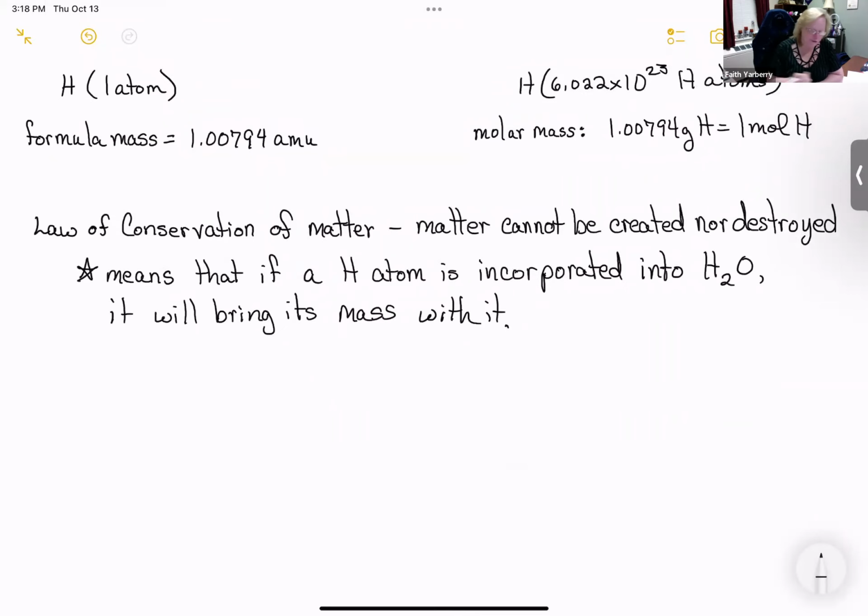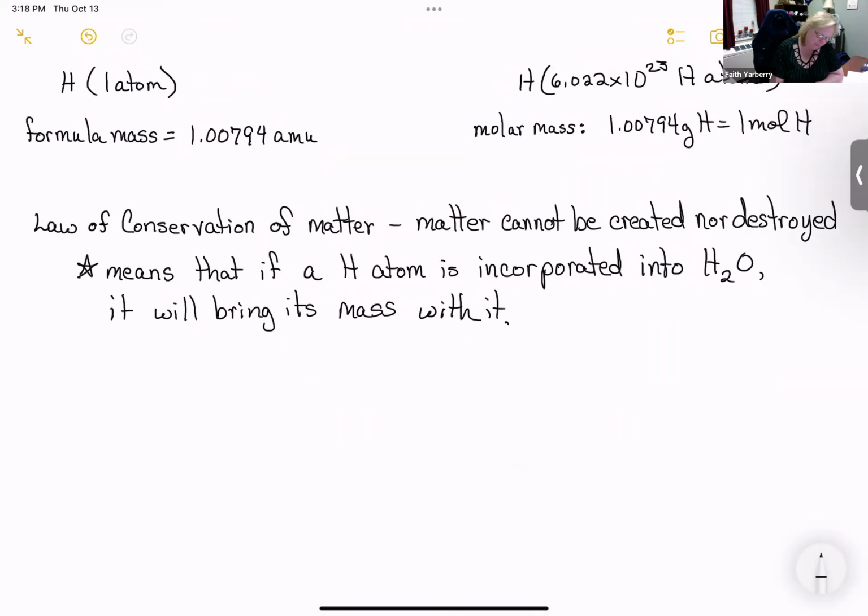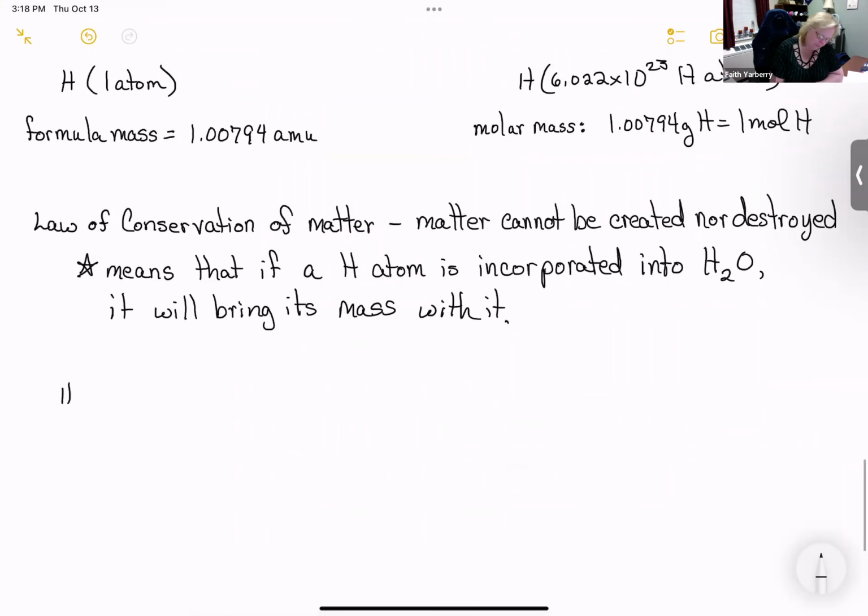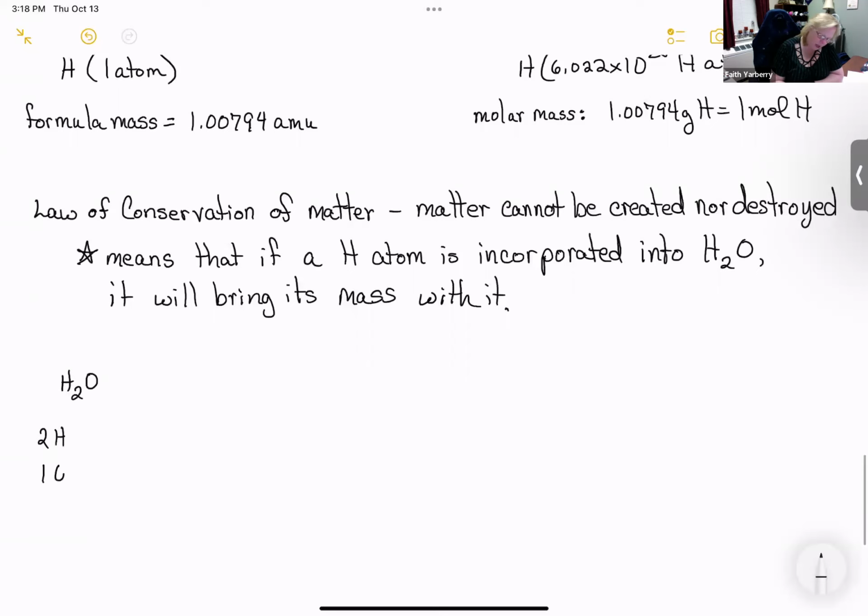So that comes into play when we start getting into our formulas. So let's take hydrogen and water. There are 2 hydrogens and 1 oxygen in water. Hydrogen has a mass of 1.00794 AMUs.